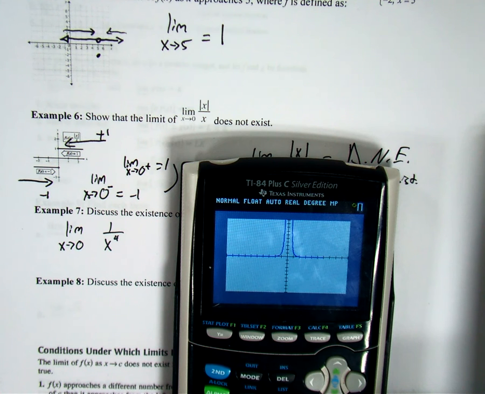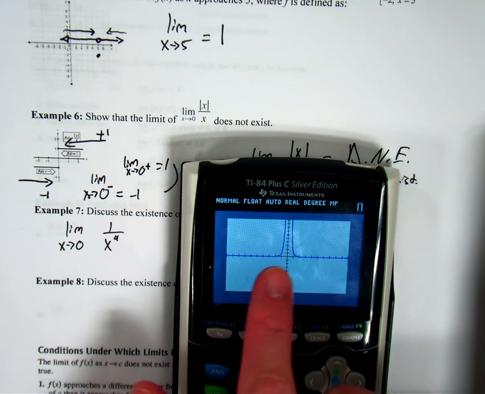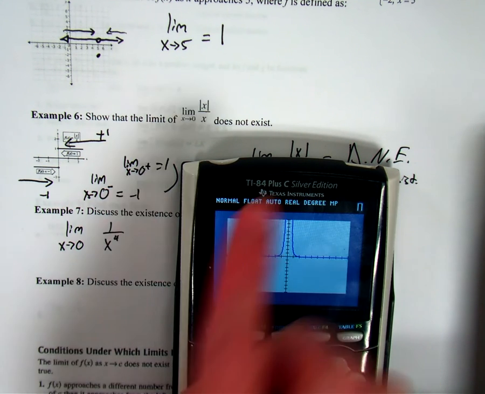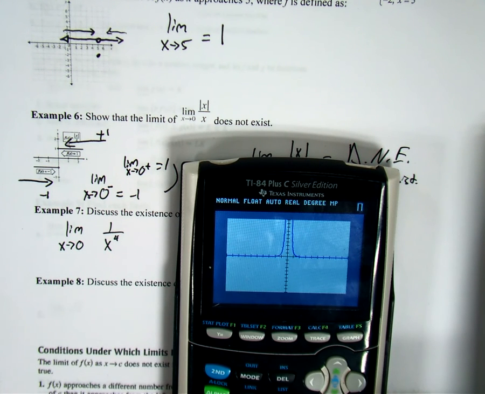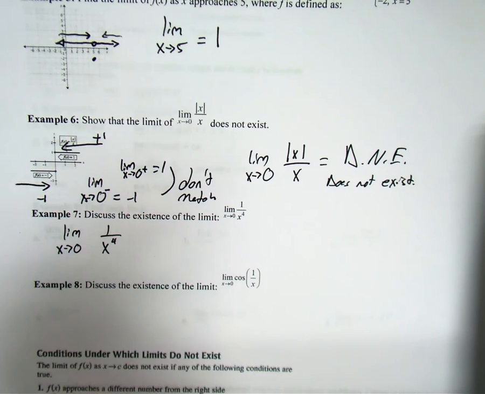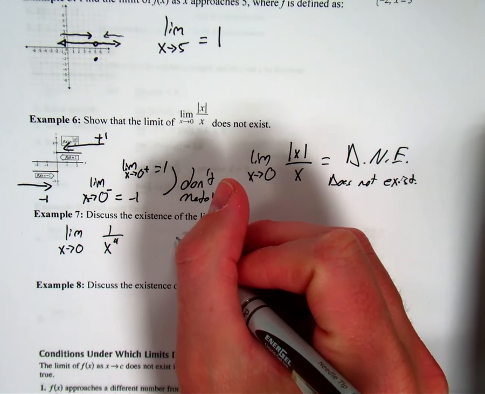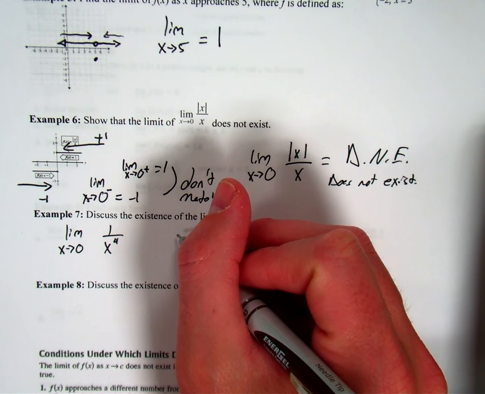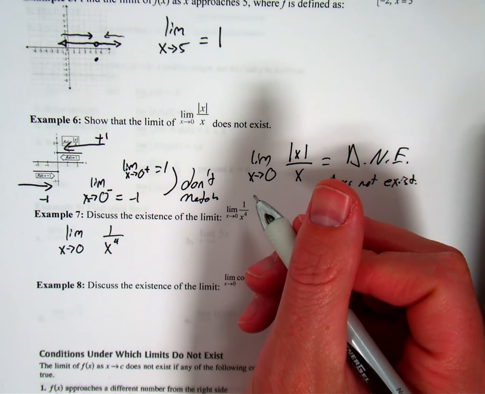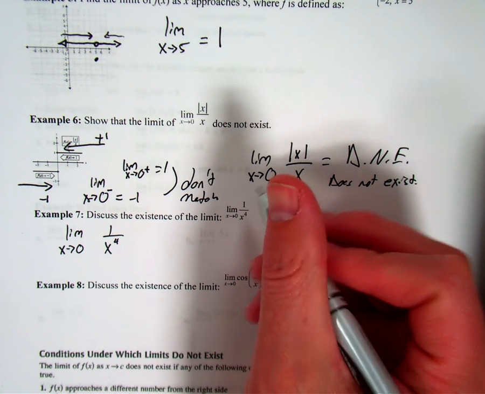As x approaches from the left, it shoots up to infinity forever, and from the right it also increases without bound. So it goes up forever towards infinity, and it does not approach a unique number.